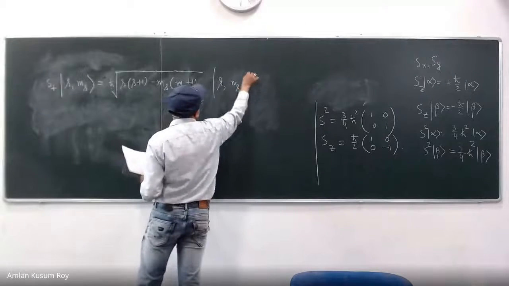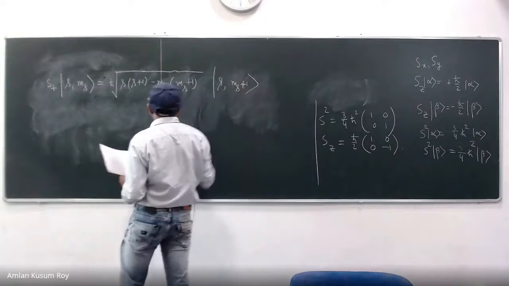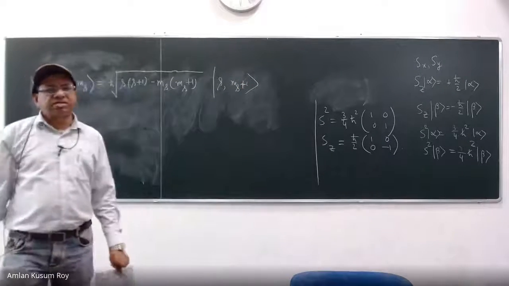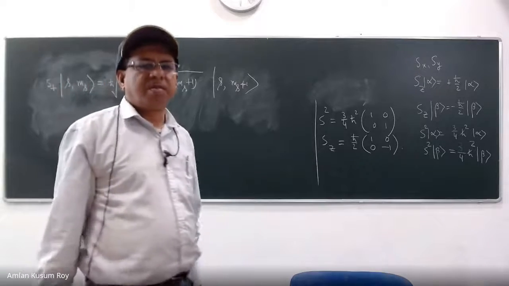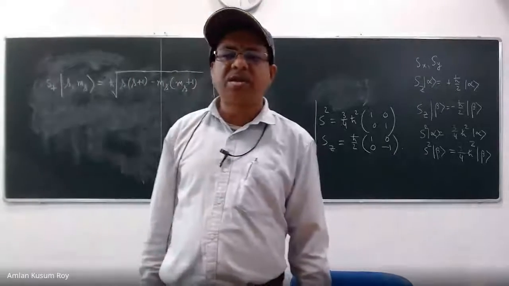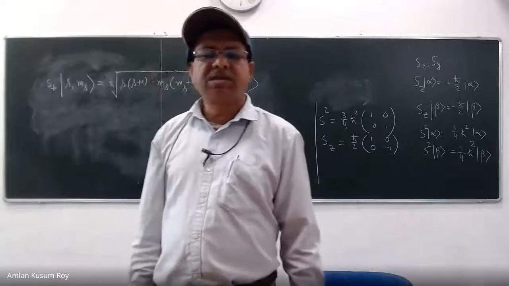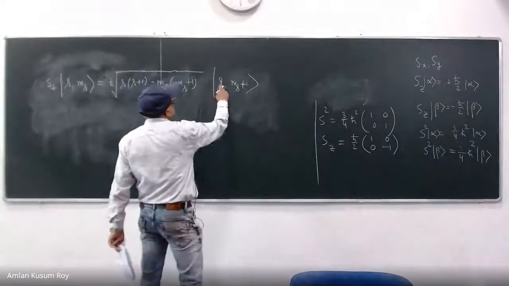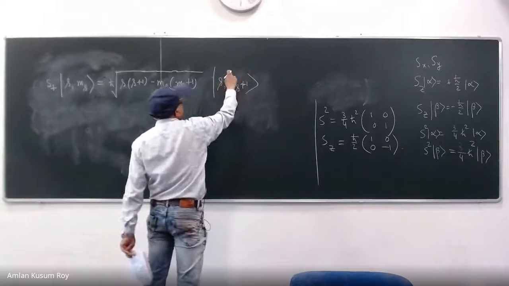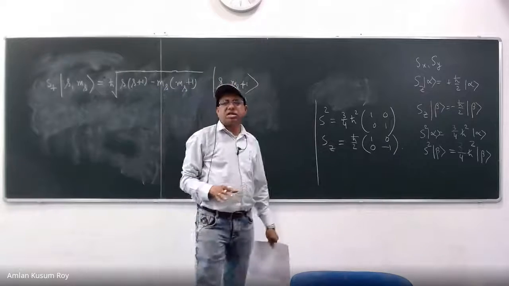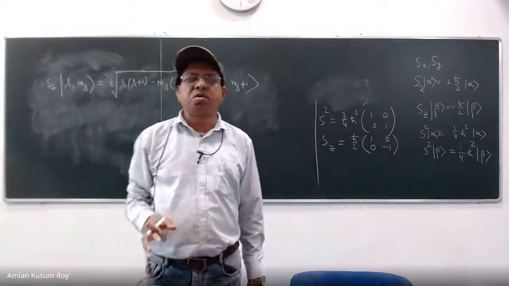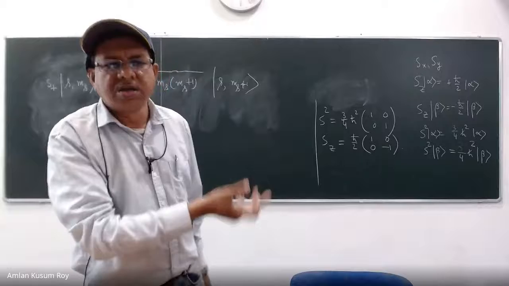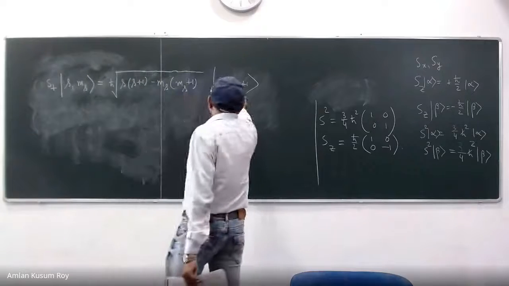The up step is not in S but in MS plus 1, because your S is fixed for the whole particle. There is no way that S can be changed. S is an inherent property, and that little s is the eigenvalue coming from the S square operator. Nobody can change that. The state is not going to be changed for that, right? So it is MS which can be changed.